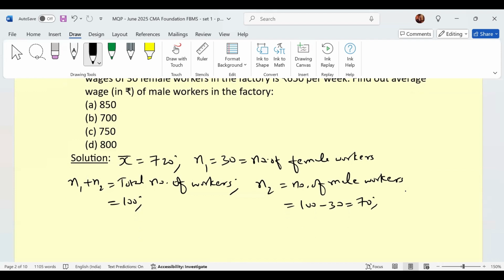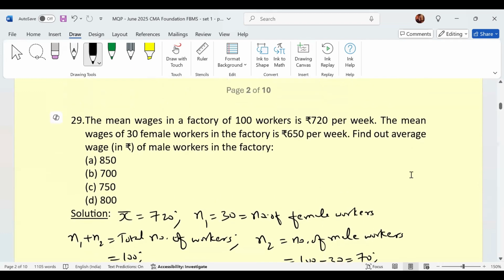Now we have the combined groups arithmetic mean formula, which we just now saw. N1 X1 bar plus N2 X2 bar divided by N1 plus N2. Substituting the values, we get 720 is equal to 30 times X1 bar.